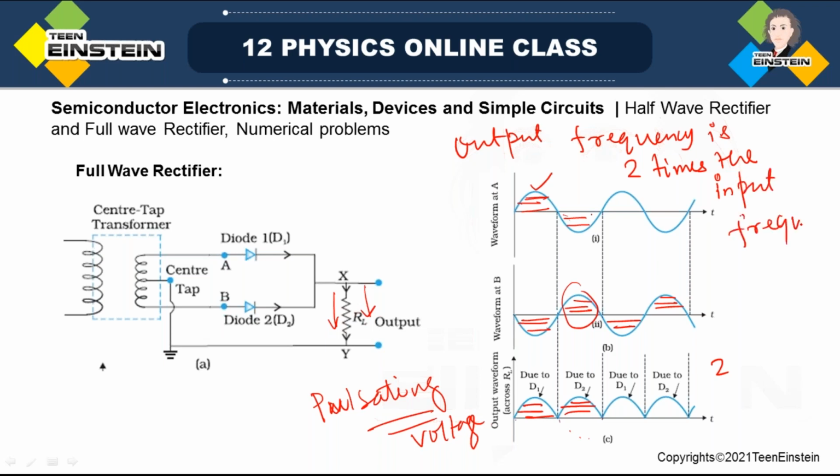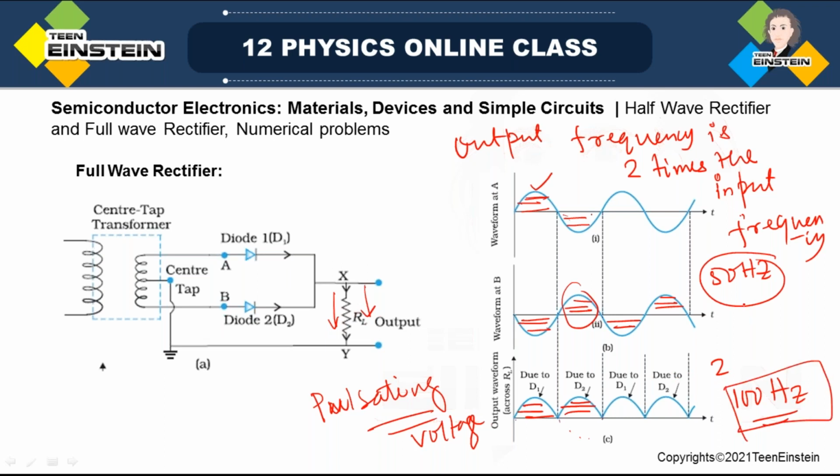Suppose the AC input signal has a frequency of 50 Hz, then the output frequency will be 100 Hz. There will be a question of this kind in competitive exams: when the input signal of 50 Hz is fed, what will be the output frequency in the case of a full wave rectifier, and in the case of a half wave rectifier? So these are the concepts about the full wave rectifier and half wave rectifier.